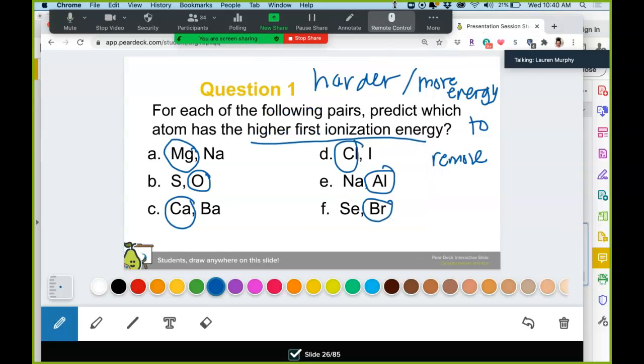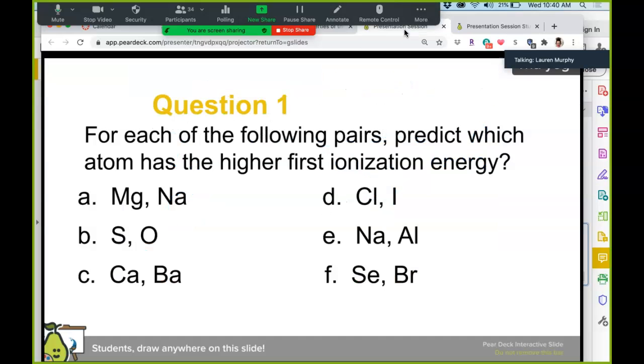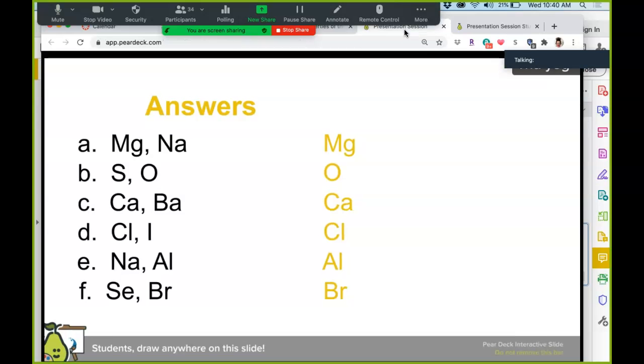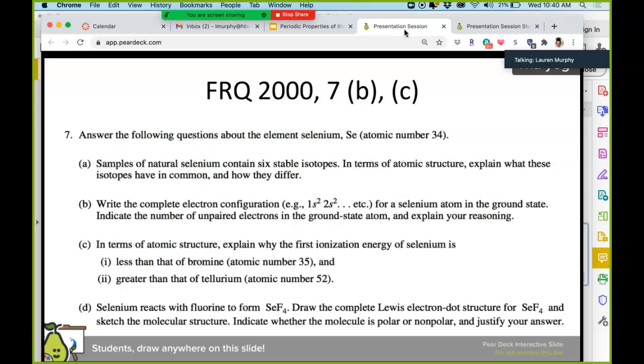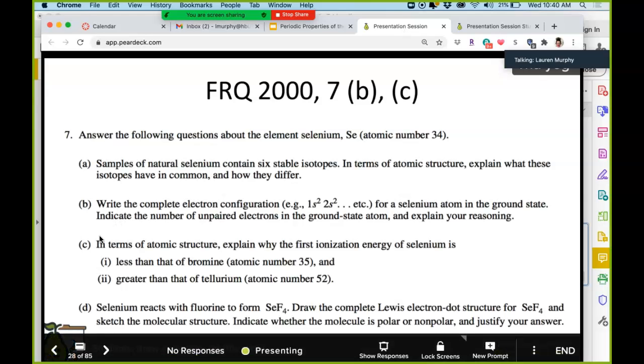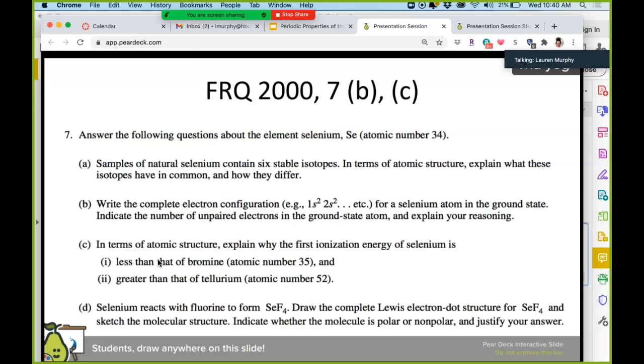Okay. So now, all right, we're only going to do part C of this. And then I'm going to do the first one with you. This is a sample FRQ from 2000. And when they give you periodic trends and ask you to explain them, they are very, very picky about how you answer them.